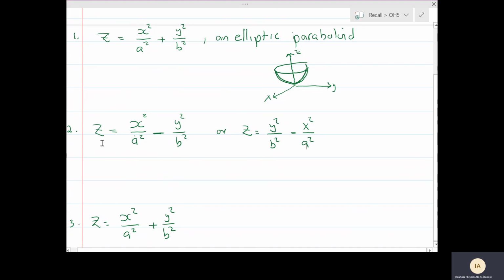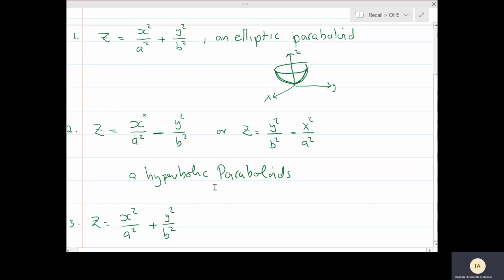So the traces will be hyperbolas and parabolas. So we call it hyperbolic paraboloid, because the traces are hyperbolas or parabolas. This is the reason for the name.